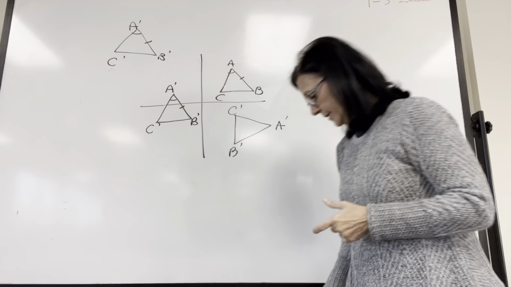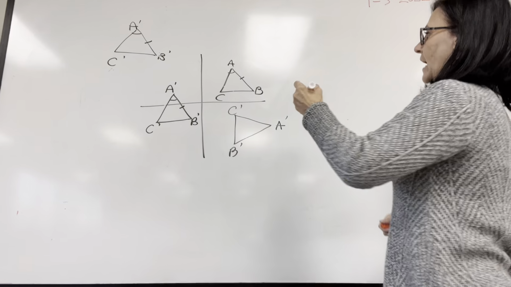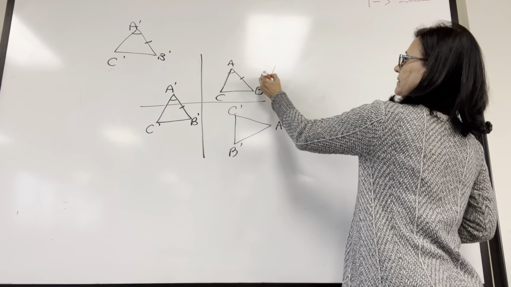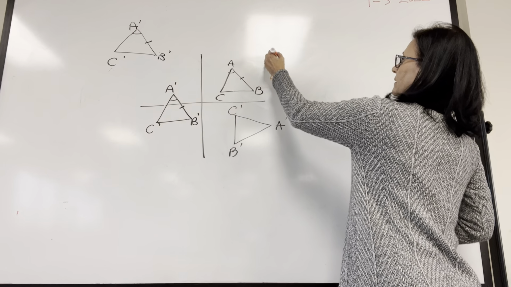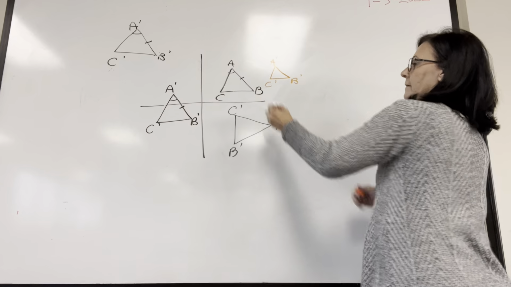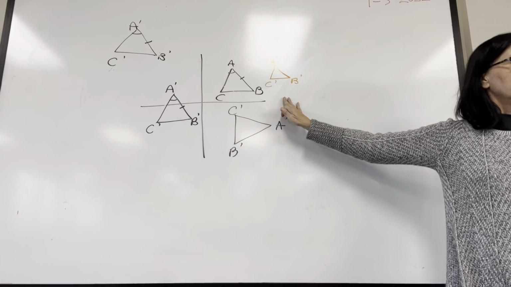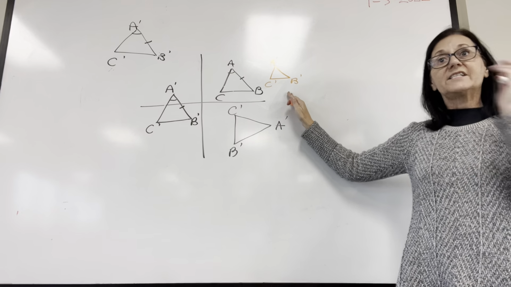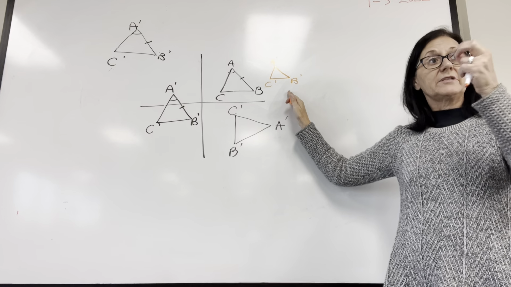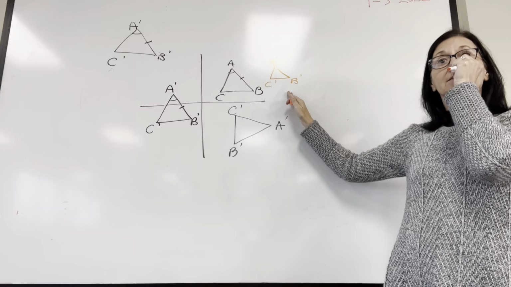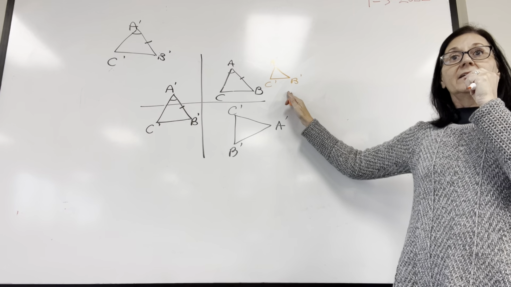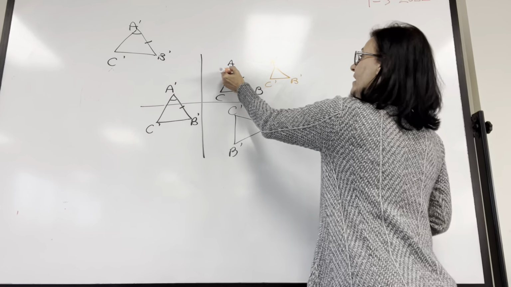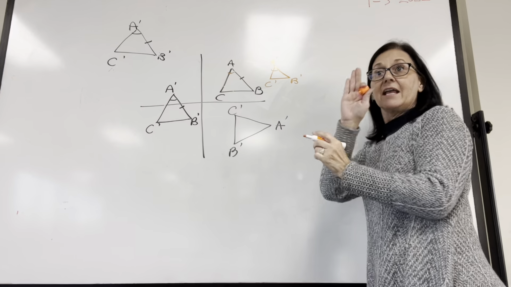A dilation could be, that could be a dilation. What happens in a dilation that's different from a translation and a rotation? Yes, Ari? The triangle will get bigger or smaller. Correct. So the angle stays the same.